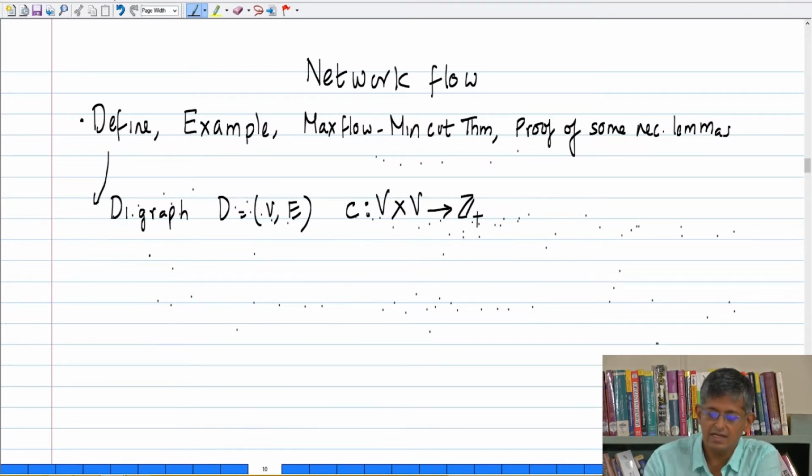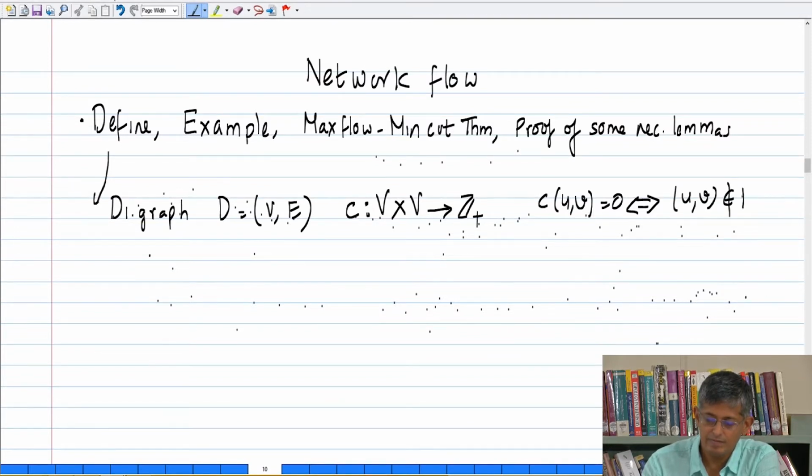And if c(u, v) takes the value 0, it implies that the edge uv is not in the graph. That's a convention that you can keep in mind.